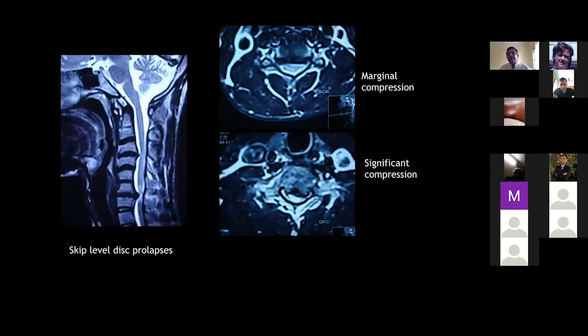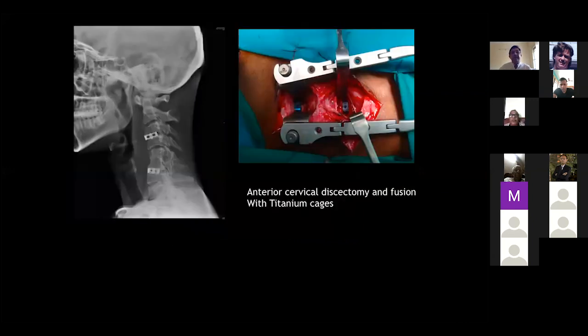Now sometimes, very rarely, you can see this kind of skip disc prolapse. You can see the disc region skip. There it is C3 and C4. The lower 2 levels are Klippel-Feil, and below the Klippel-Feil again you have a disc prolapse. So in these cases we can do skip ACDF like this, in a single incision, a 2-level ACDF.